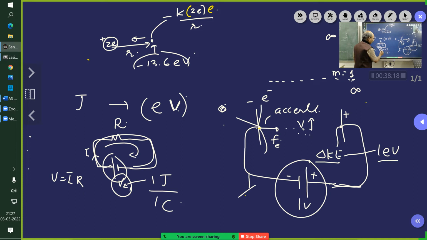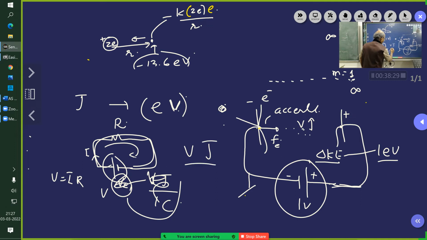Otherwise, if the voltage here is V, then this battery cell will expend V joules of energy in transporting 1 coulomb of charge around the circuit. That is the meaning of this.